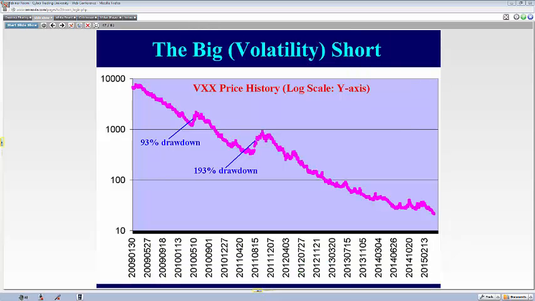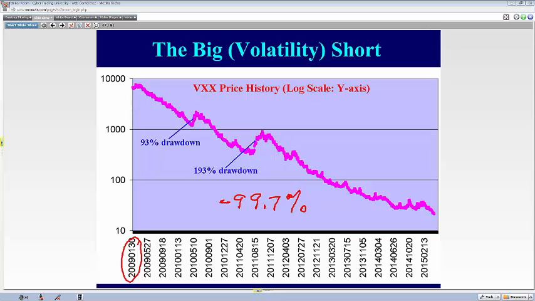Now, we created an article recently. I've got some white papers on a number of these things. If you want them, just email me. But if you had shorted VXX on the day that it came out back in 2009 and basically stayed short, this has fallen 99, I'm going to say 99.7%.